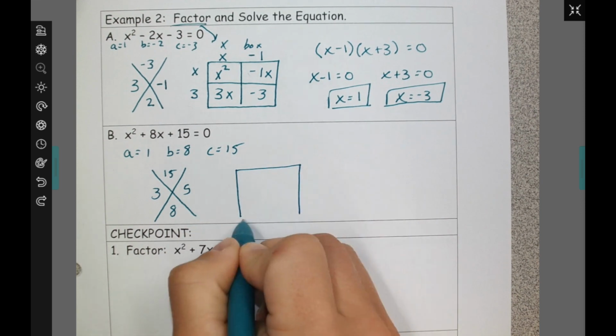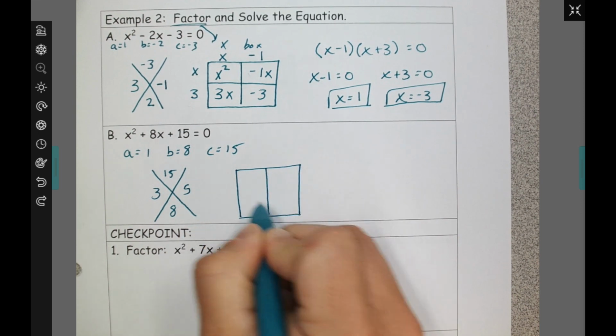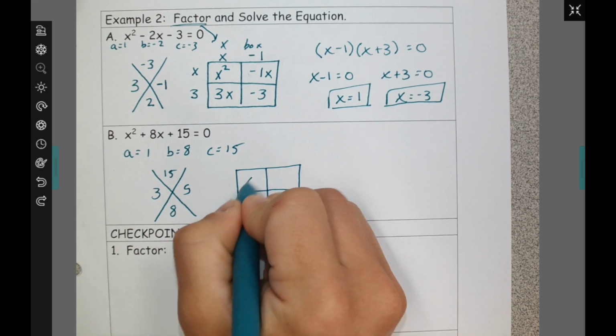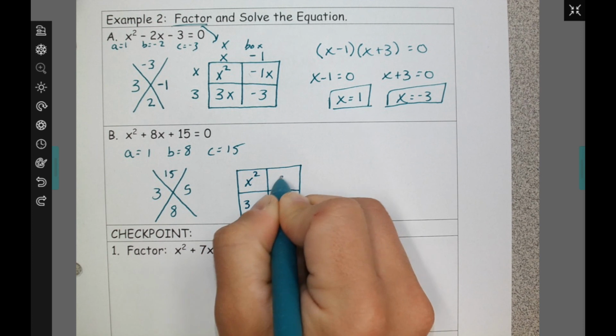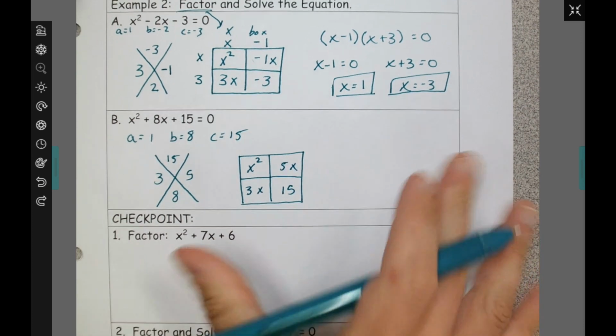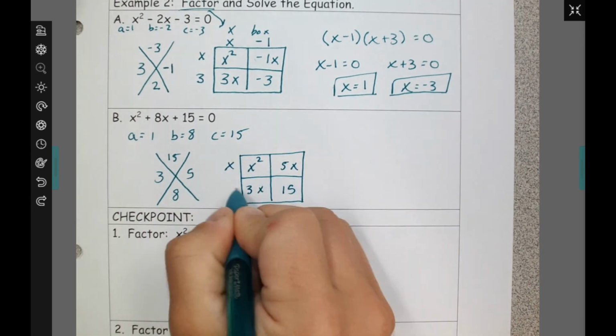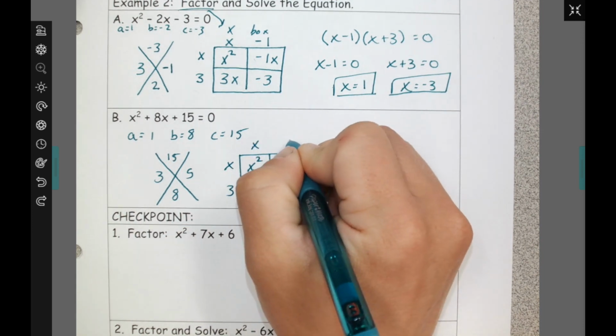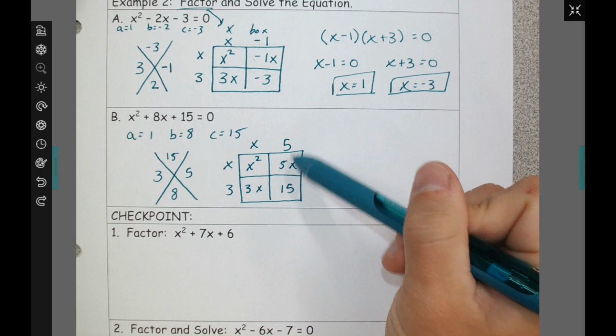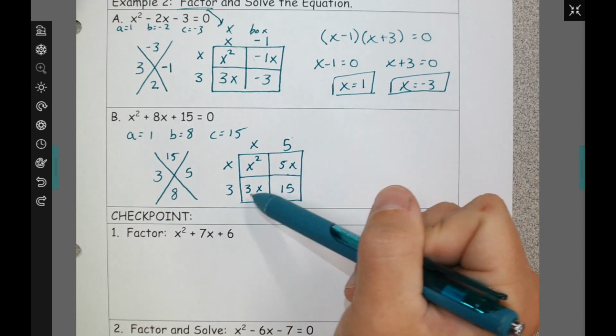We're going to box it up. So x squared, 15, 3x, 5x. Top row has x, bottom row has 3, first column has x, second column has 5. Okay, I can divide each of these numbers by 5.